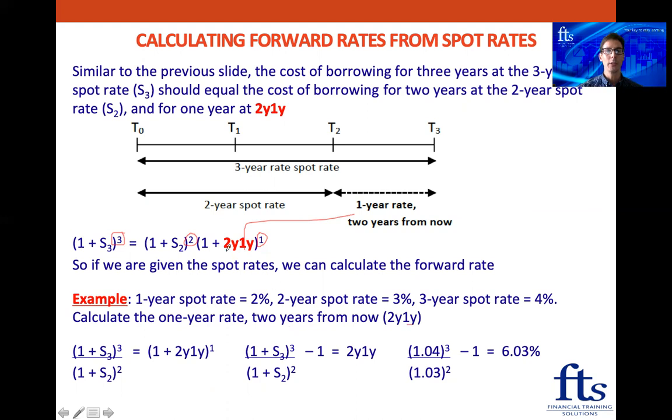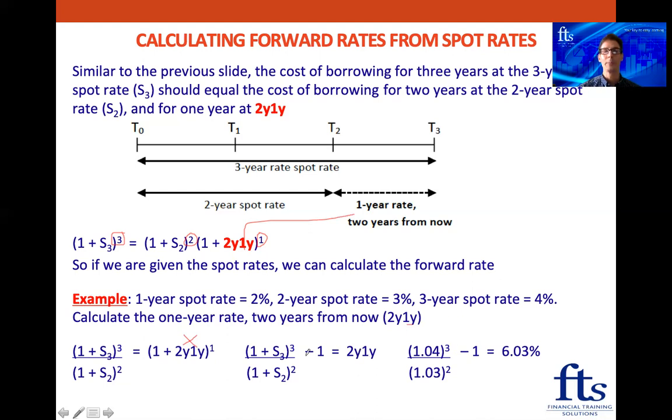So what we're going to do is rearrange this formula. We're just going to divide both sides by (1 + S2) to the power of 2, so this can be on its own. We could call that x, say. We can think of it like solving for x. It's just algebra. All we've got to do is bring this 1 across and make it a -1, and then we can solve for x.